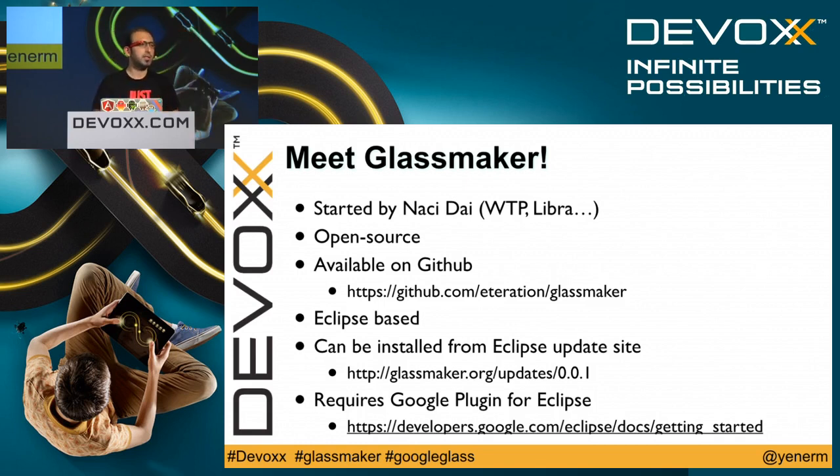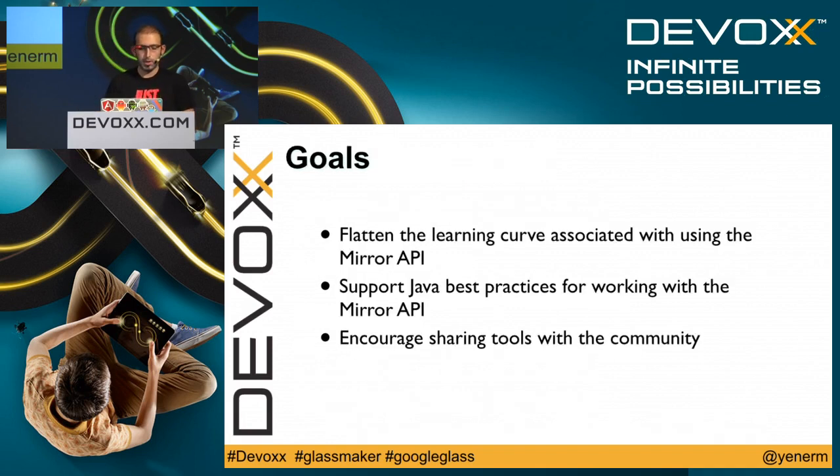It's Eclipse based, and if you're not really interested in seeing the code, you can use the update site and just install the plugins to your Eclipse. One thing we noticed is usually people fail to install the Google plugin for Eclipse before downloading Glassmaker. So one thing to note is you need the Google plugin for Eclipse to make Glassmaker work.